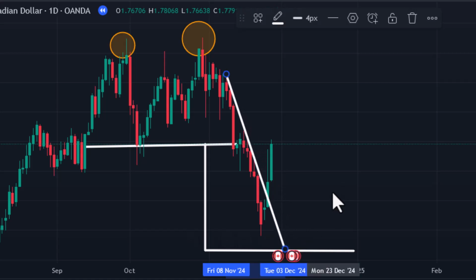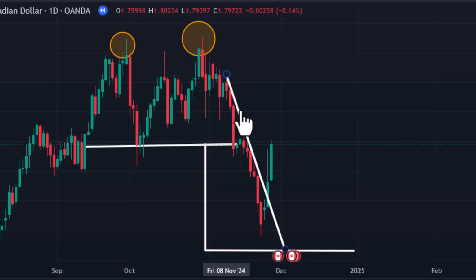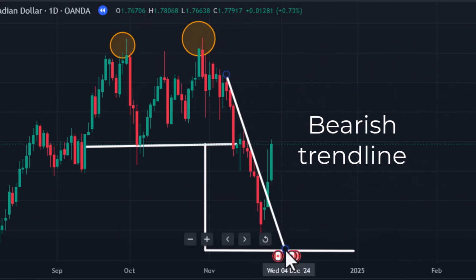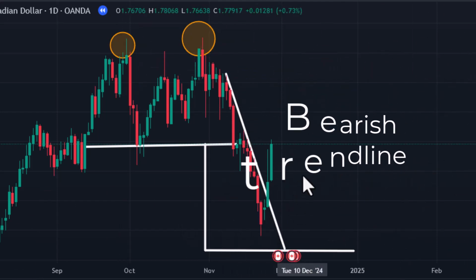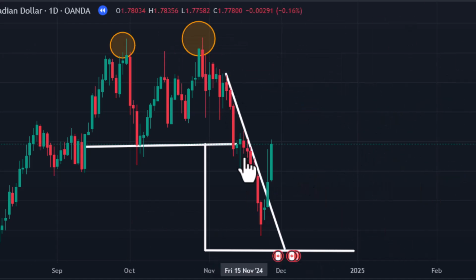So price actually formed a resistance here. So if you are in this kind of trade and the trade is going in your favor, immediately you see that price has reversed and this type of resistance is broken, it's better for you to get out of this trade so that your winning trade doesn't turn into a losing trade.